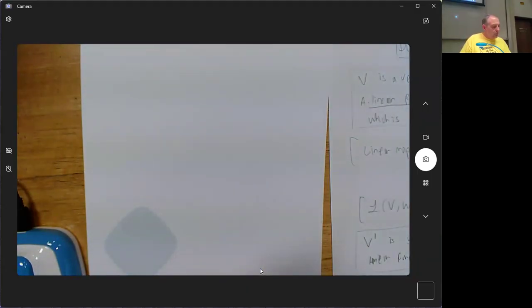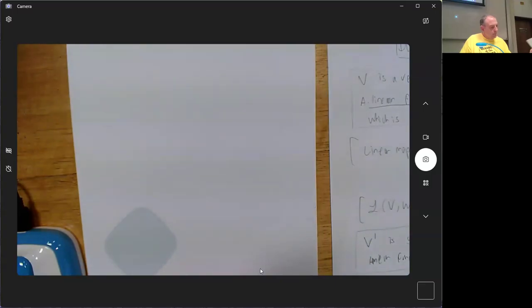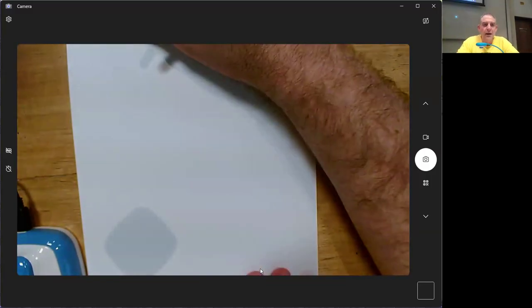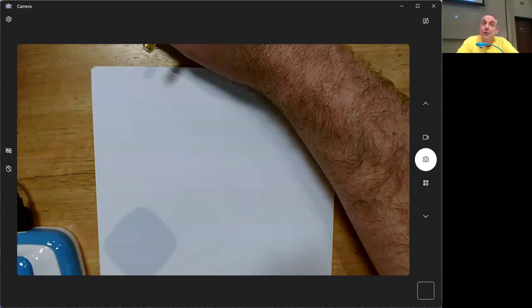Now, bear with me, this is just me working through the notes. And so we're going to try and combine this with inner product spaces somehow, because the question that I bet you gave me had inner product spaces as well.